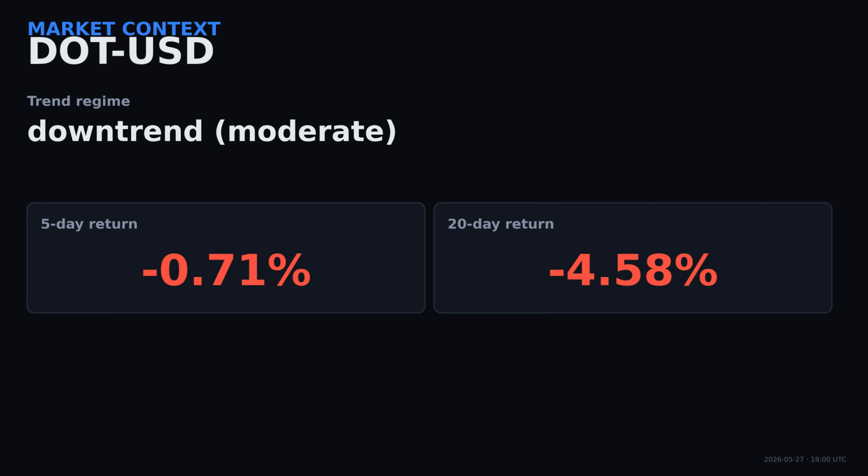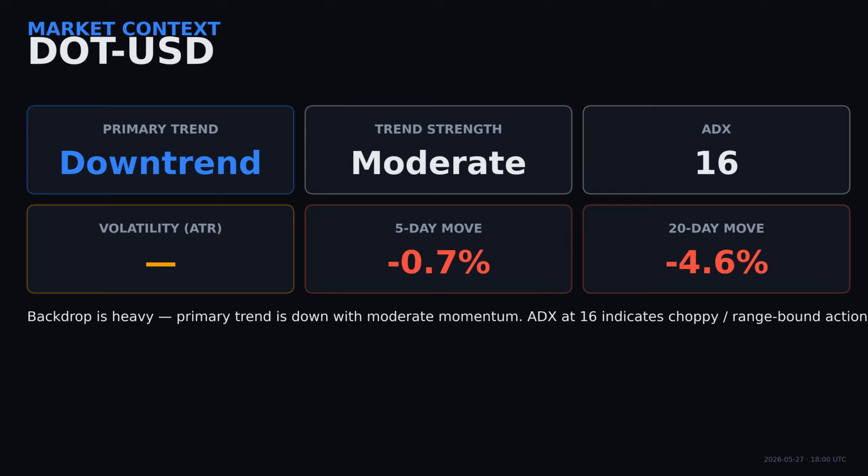Quick context. Over the last 5 sessions, this pair moved 0.71%, and over 20 sessions, 4.58%. That tells you whether momentum is fresh and extendable or stretched and due for a pullback. Zooming out for a second, let's talk macro.